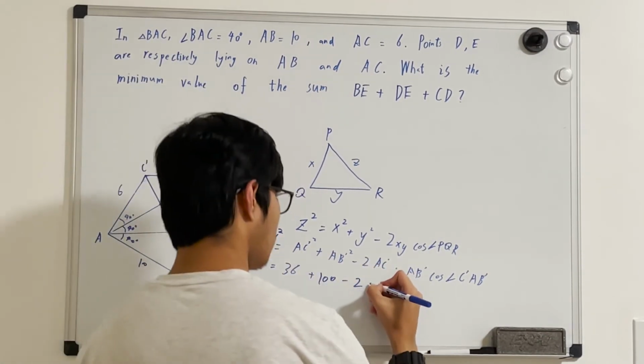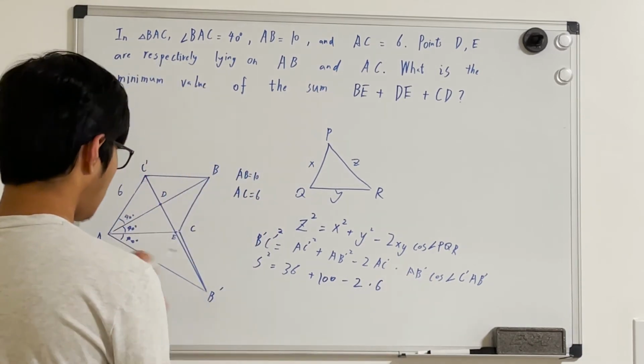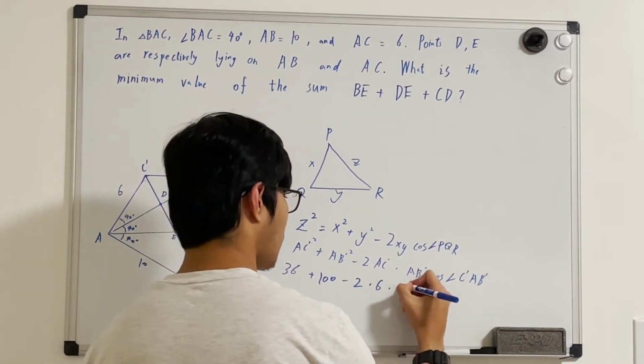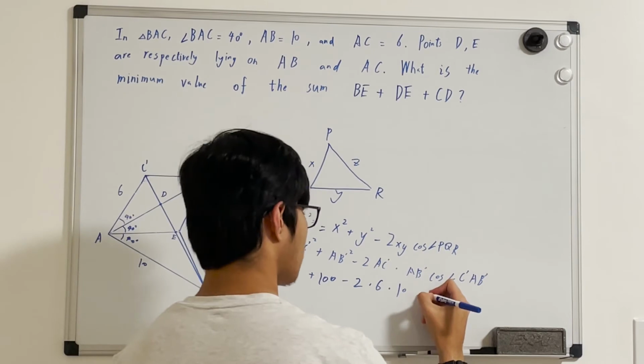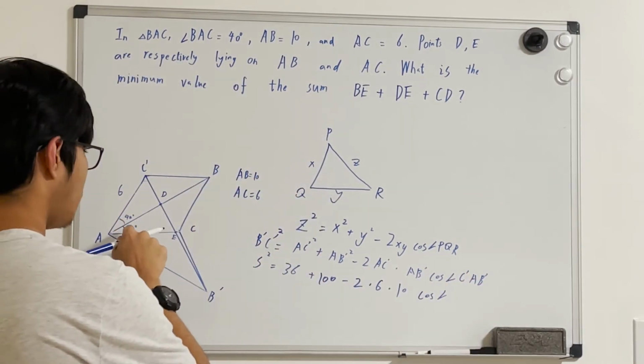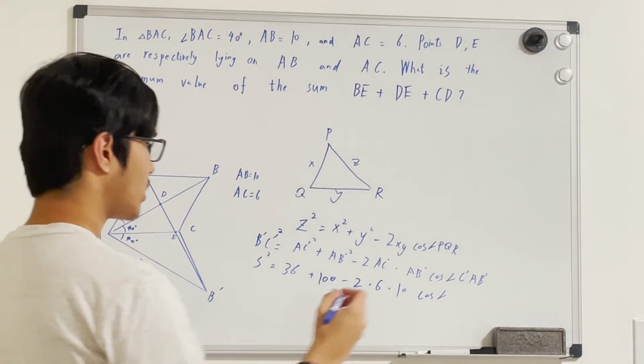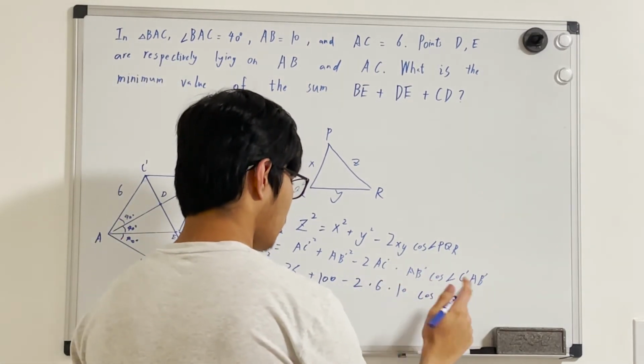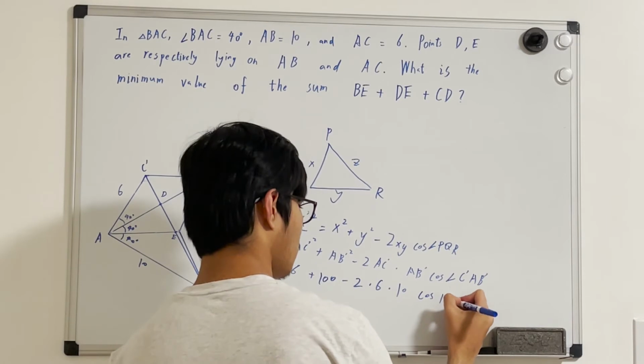AC prime 6, AB prime 10. And this is cosine of angle 40 plus 40 plus 40. I don't need this angle anymore because I have the value already. That is 120.